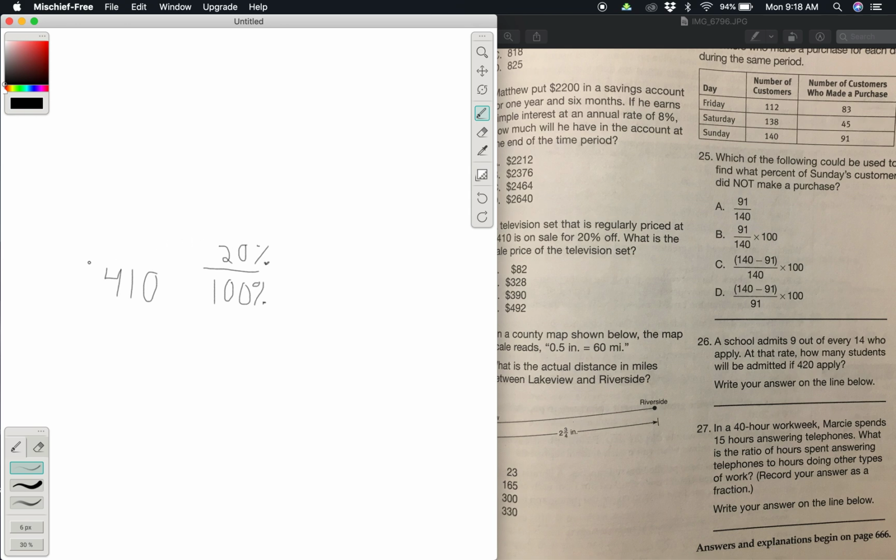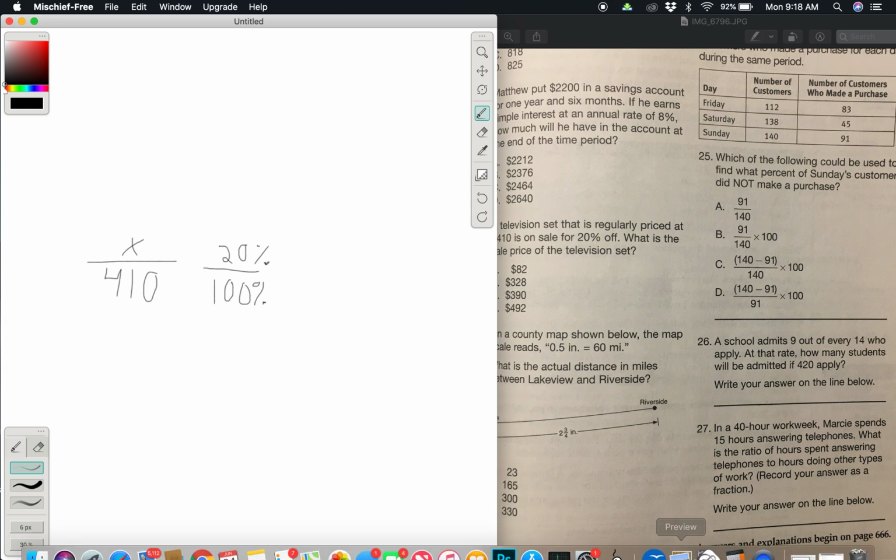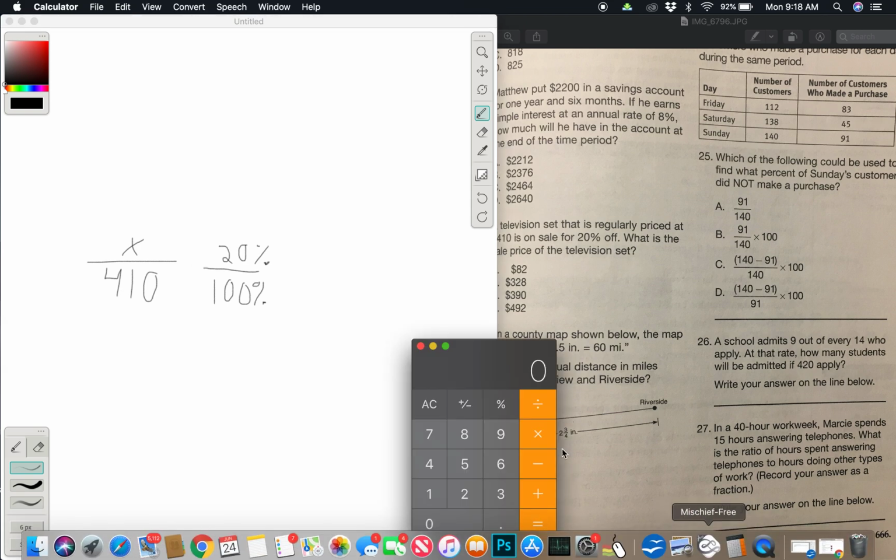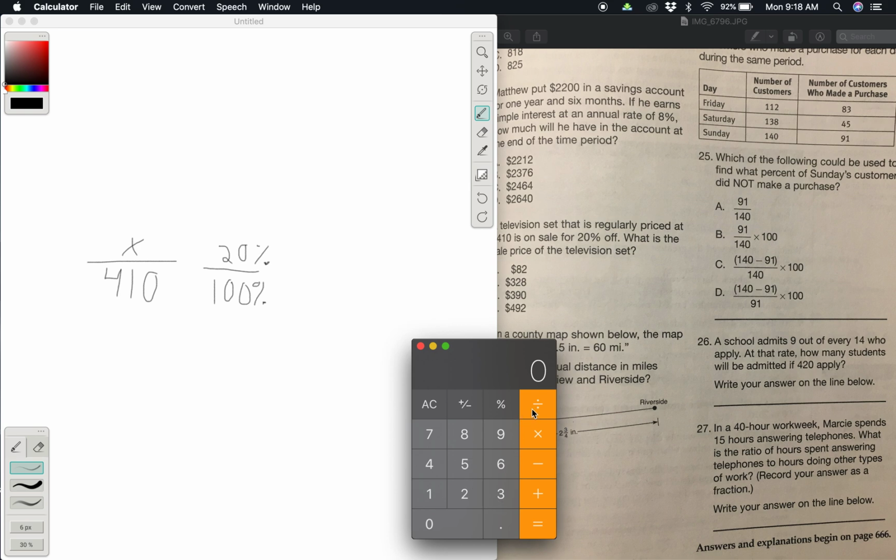Then again, you just do the same exact thing. Multiply toward the side with the missing variable. So 20 times 410 equals 8,200.